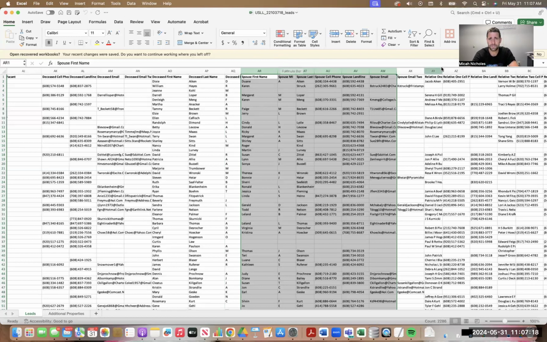You can work into the relatives, but they're not always the owner. They're not always the key person to talk to. So for me and my operation, we just text the spouses. We call, we text them, and we mail everyone except the vacant properties.